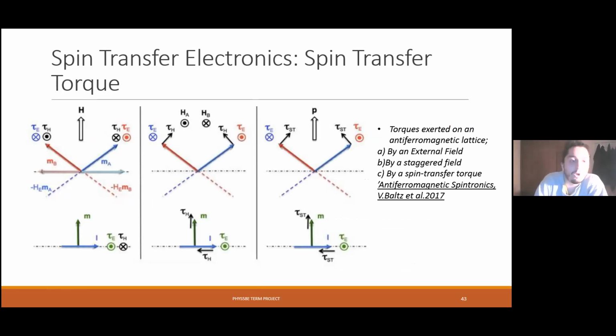At first, you see H as the applied magnetic field, and TE means the torque applied to each magnetic moment by the other. And TH is the torque applied by the applied magnetic field on each magnetic spin, which they do not compensate.